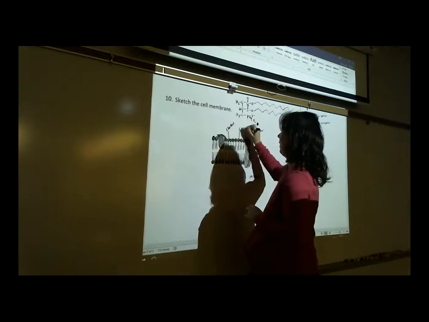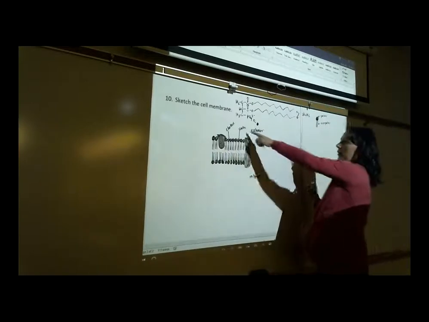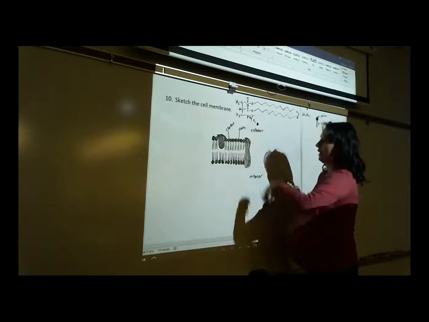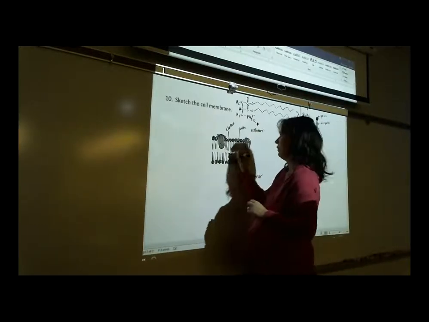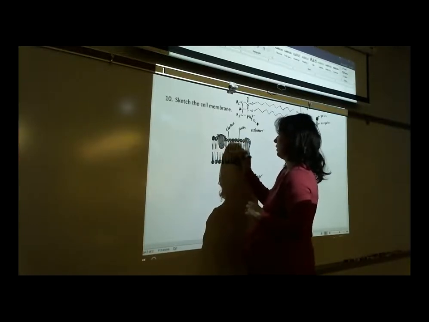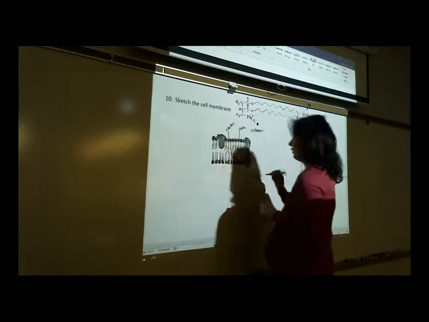You could have some carbohydrates sticking out. Your blood typing has to do with this kind of thing. So you can have other identification molecules sticking out. You can also have stuff dissolved here in the middle, so you can just draw some random shapes. You could even have some things sticking out on the other side too.